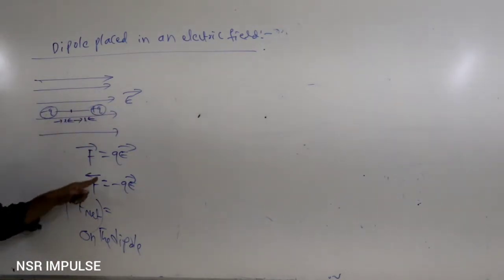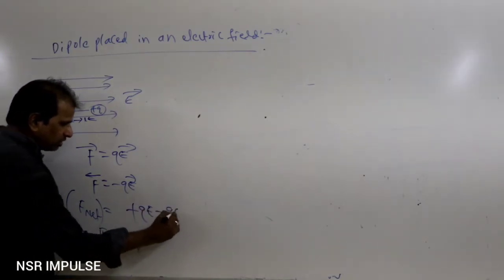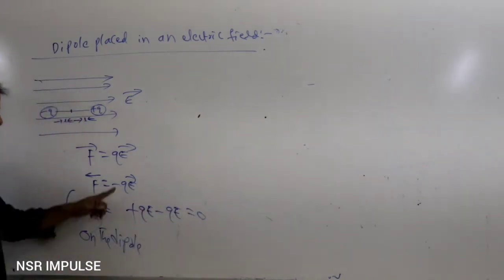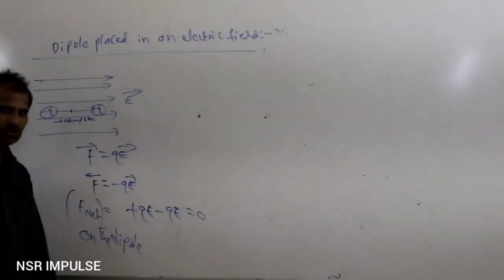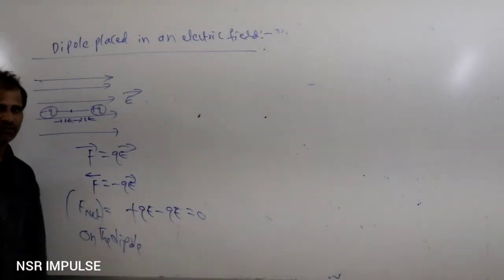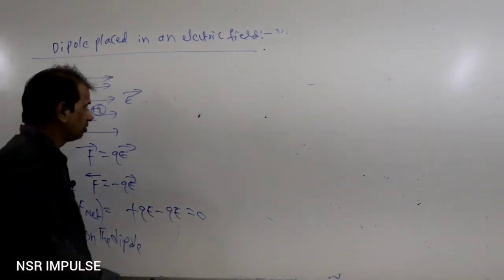Why? Forces are in the opposite direction. Magnitudes are same but directions are opposite. That's why net force is equal to F1 bar minus F2 bar. Both forces' magnitudes are same. That's why net force is equal to 0.